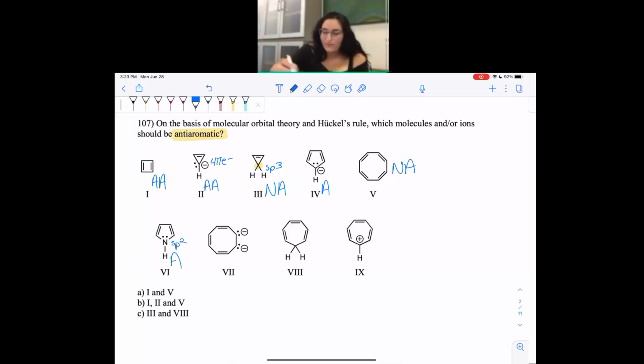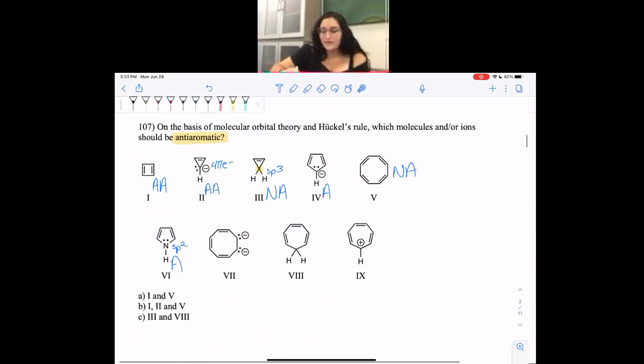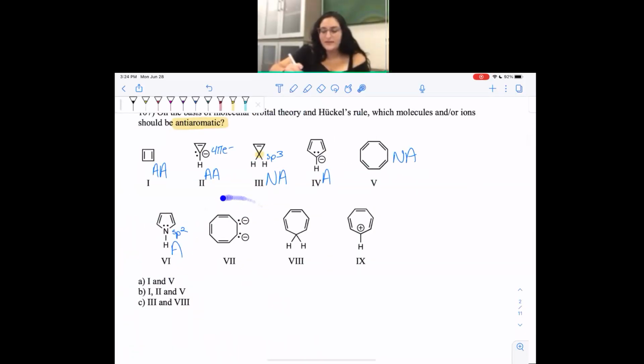Cool. So this one is planar and aromatic. This next one, we automatically know it's non-aromatic because of this sp3.